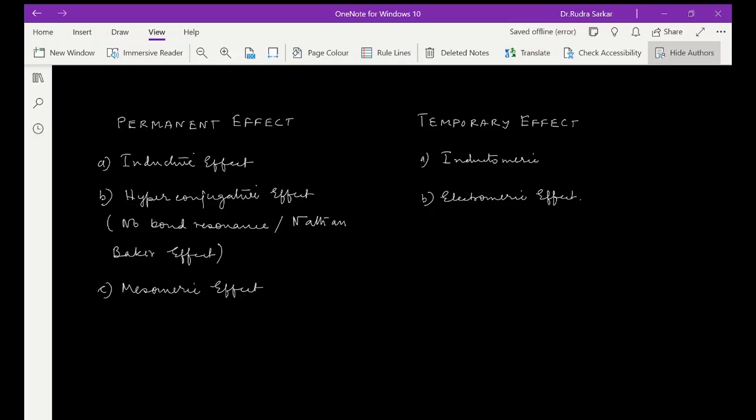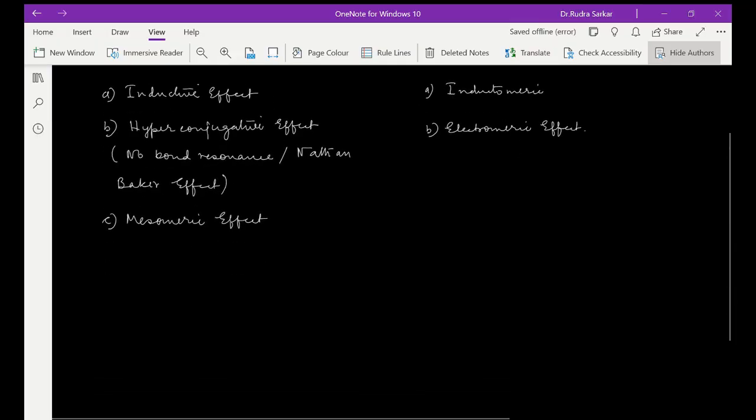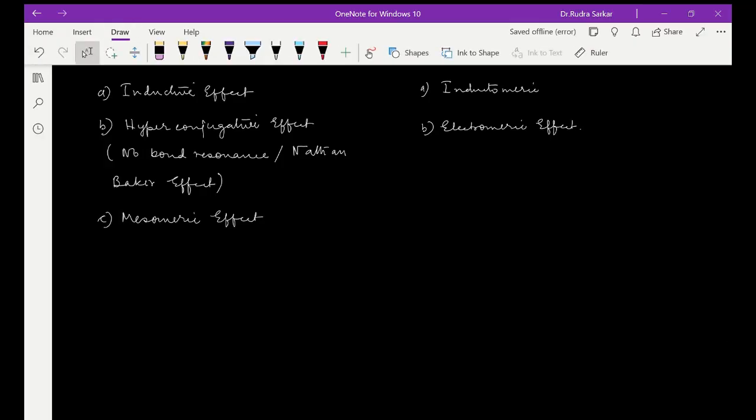Okay, so what we're going to do, we're going to first discuss what is an inductive effect. So we are going to discuss inductive effect.